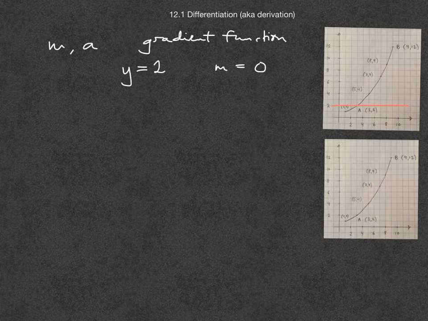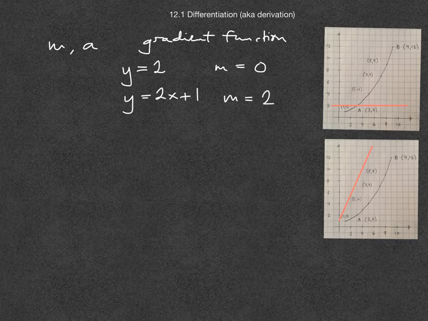Now, if we consider the function y equals 2x plus 1, we could draw that too. It would look like this, and if we wanted to find the gradient, it would be 2.